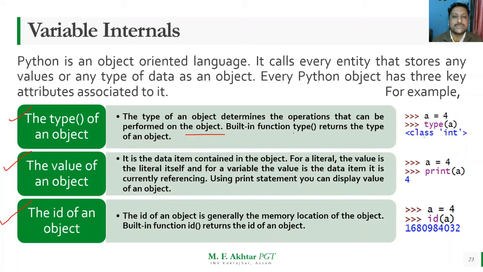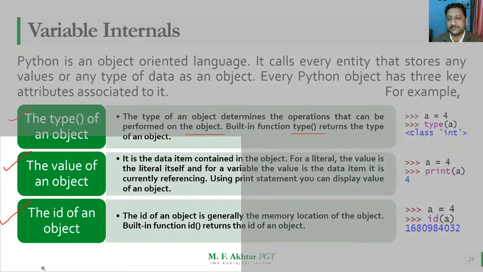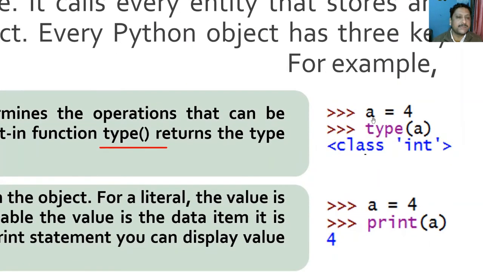If we want to see the type of any data or variable, we can use the type function. For example, if a equals 4 and you want to see the type of variable a, write type within brackets a, and it will display that it is integer type.